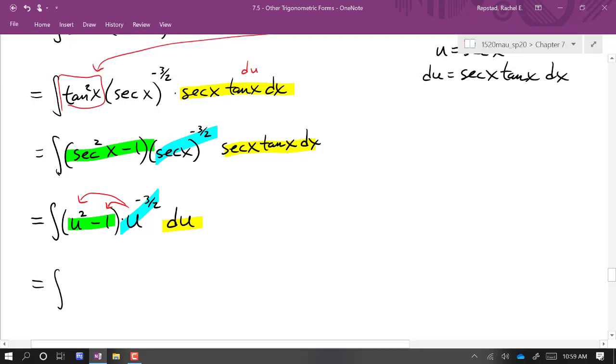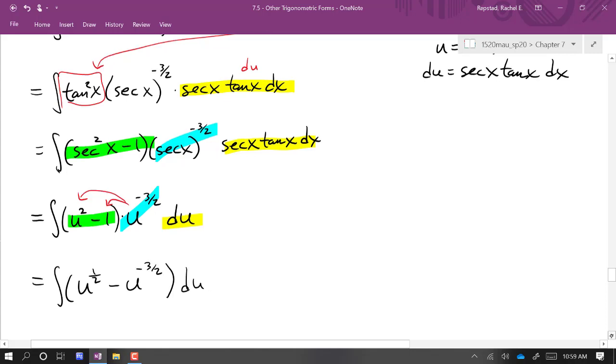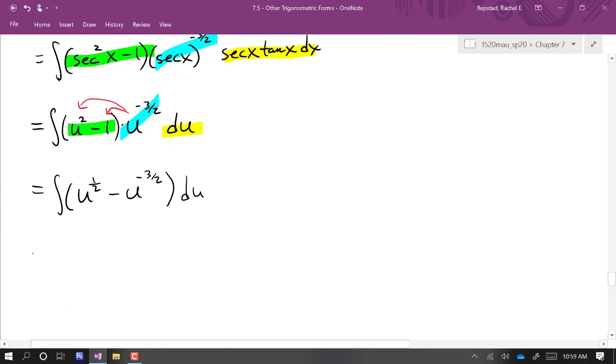We're going to use our rules of exponents. So if I'm distributing u squared times u to the negative 3 halves, adding the exponents, 2 plus a negative 3 halves is 4 halves, minus 3 halves is 1 half, u to the 1 half, minus u to the negative 3 halves, du. Now I'm going to use the power rule on this integral.